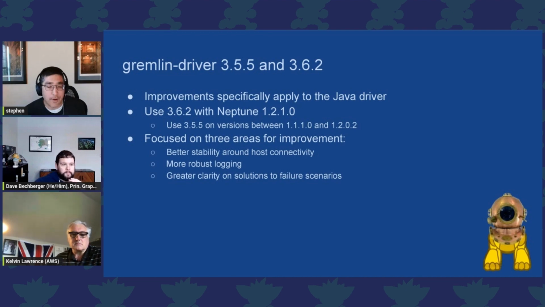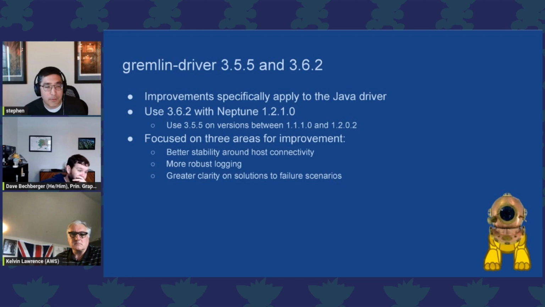I'm also covering a little ground that was covered by TinkerPop's newest committer, Ken, who talked about this in the last contributor cast, so if you're interested in this, you might want to hear his take on it as well. But for this, specifically, we want to see 3.6.2 usage with 1.2.1.0 for Neptune. But if you are on older versions, you can use 3.5.5 for those cases.